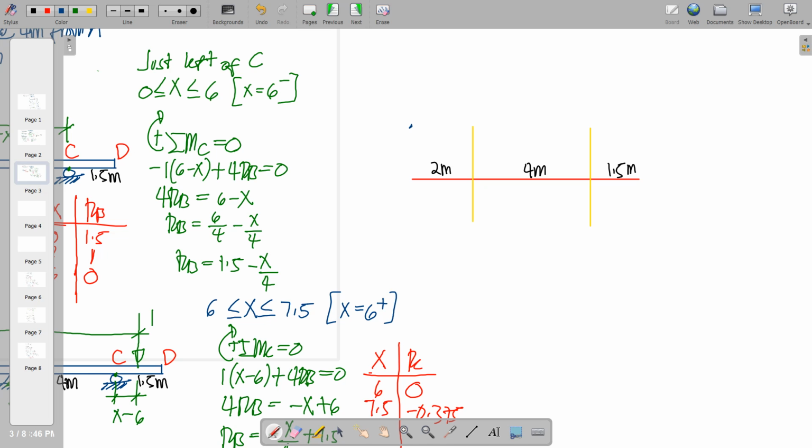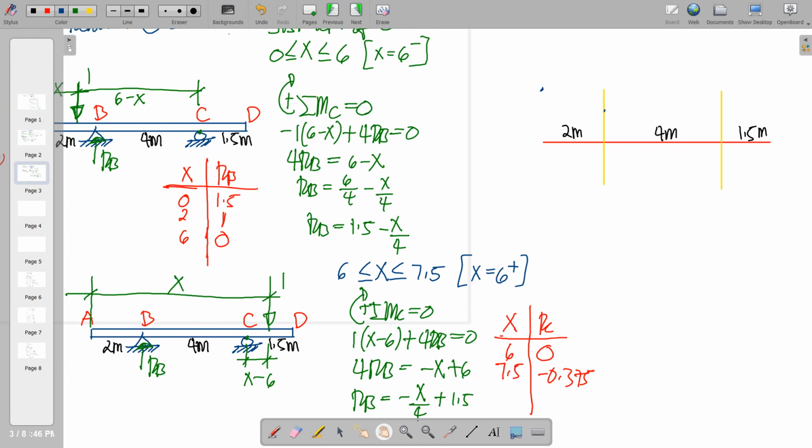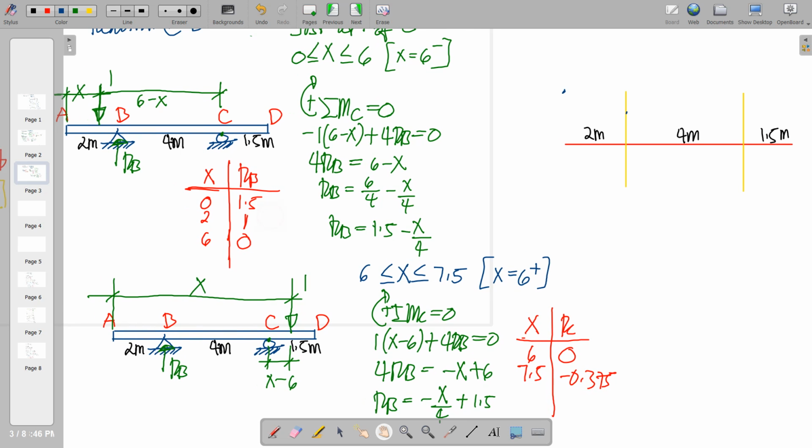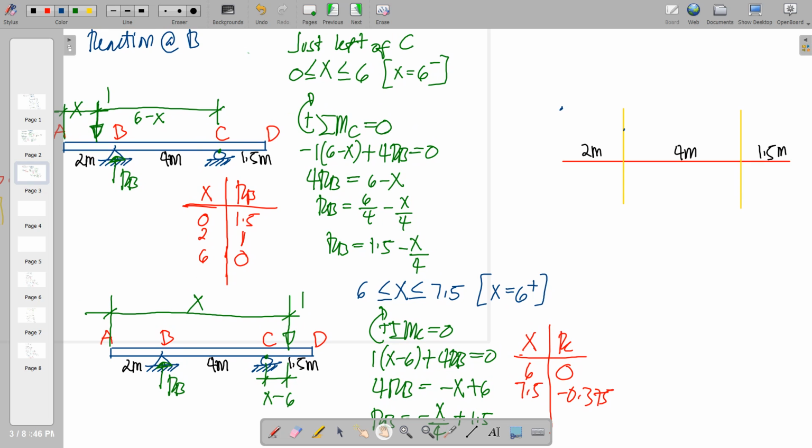Say this is the value, we'll come down. And then when x is equal to 6, just left of C, or 6 minus, will yield a 0 value of RB.